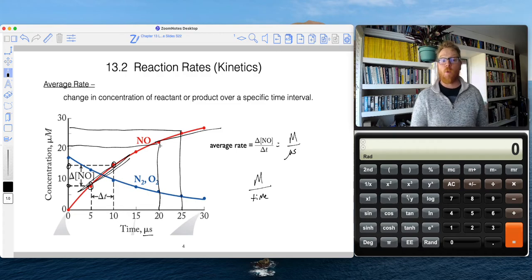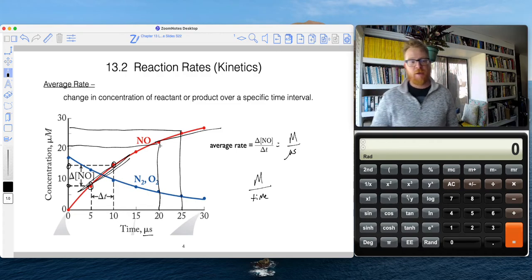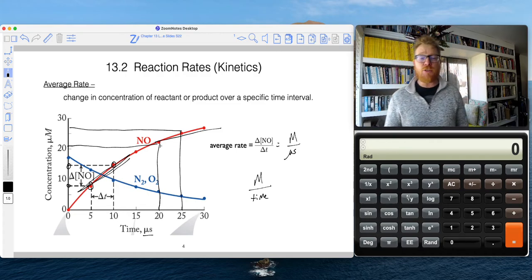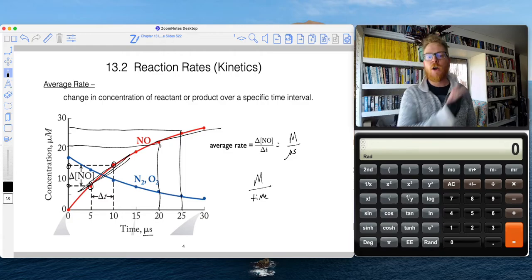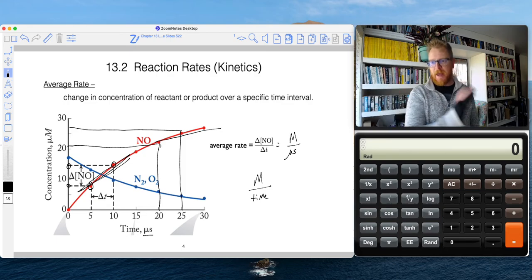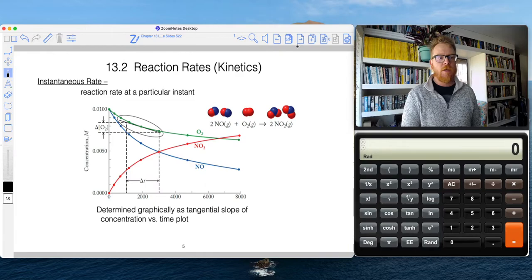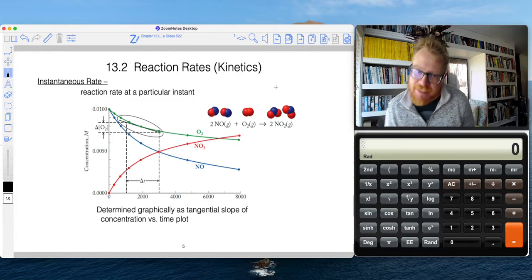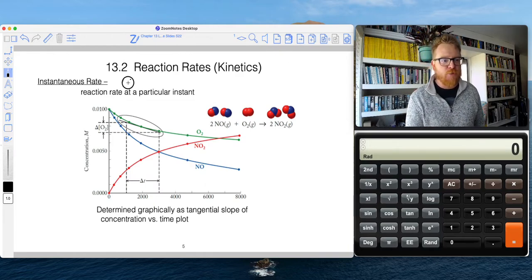The slope gets more shallow as the reaction proceeds. So average rate isn't necessarily the best overall rate to use because it will depend on where we're at in the reaction.